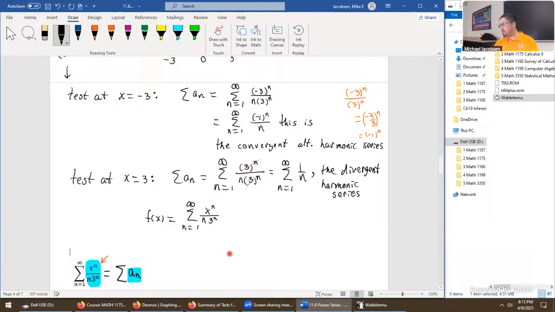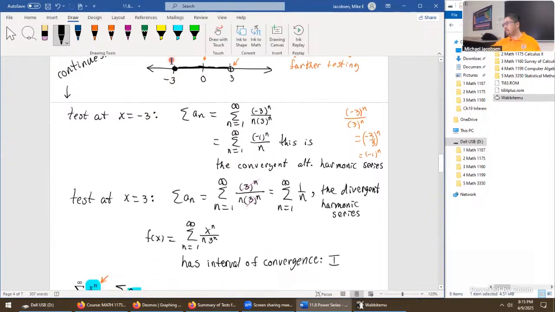This has an interval of convergence. The main thing to write in is I. It's what we refer to as interval of convergence. It's bracket -3, 3 parenthesis. We lose convergence right on the right boundary.